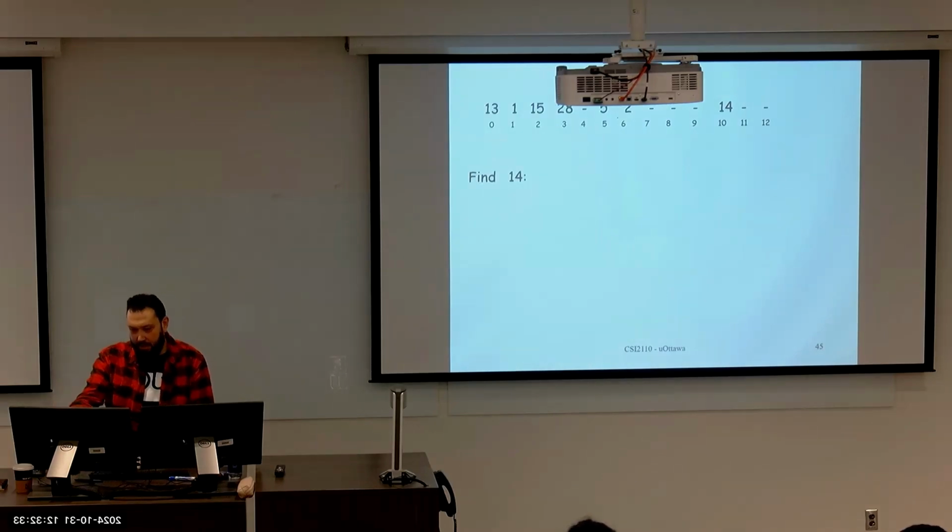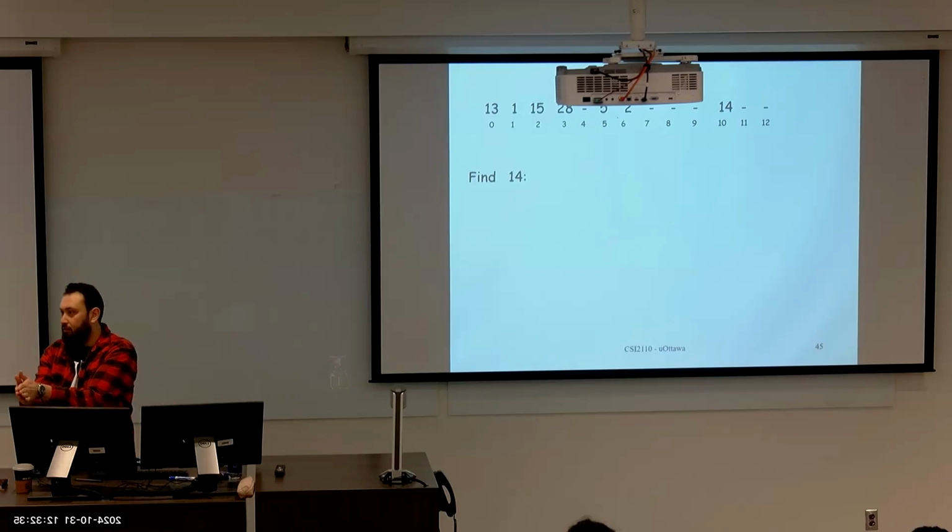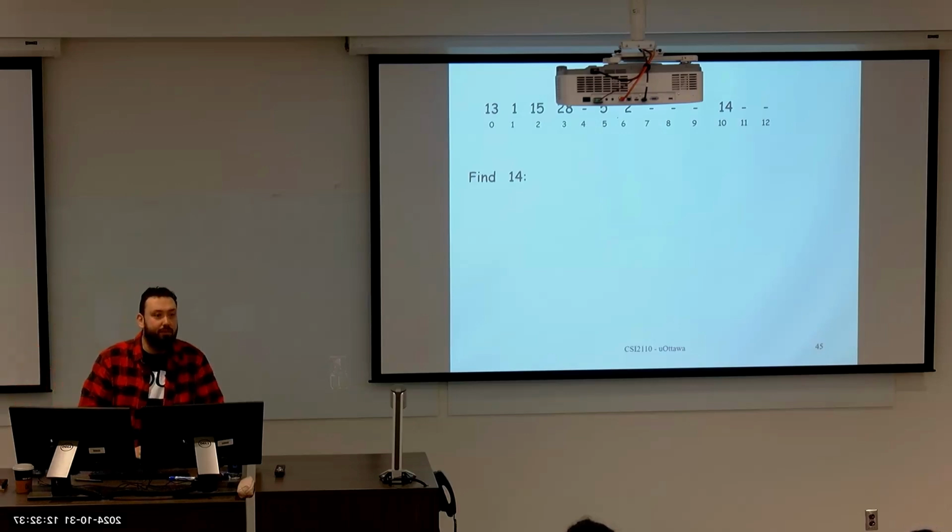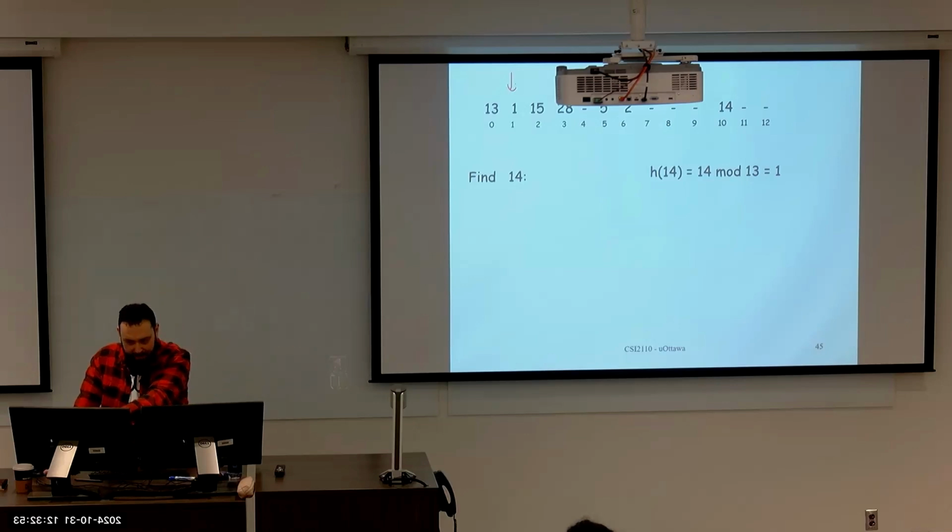I inserted everything, and I want to find them. I want to find 14, so 14 mod 13 is equal to 1. Where did I go? I go here. Is this 14? No. I need to do another probe, using linear or quadratic. We didn't see the quadratic, but this example is using quadratic.